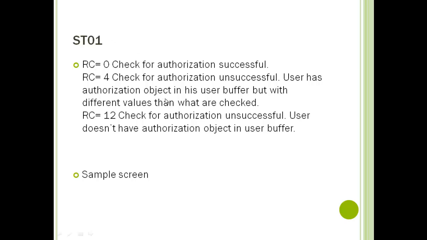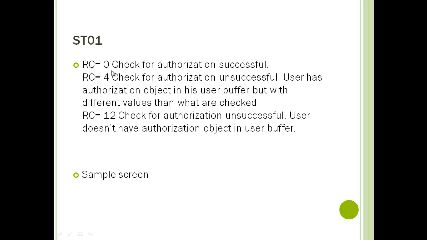But ST01 is tracing a user. Whether you have the authorization or you don't, using ST01 you can trace the entire transaction of a specific user. What steps each transaction code takes, what authorizations they have, what they don't have, everything. This will give you outputs where we can see what is called the return code.